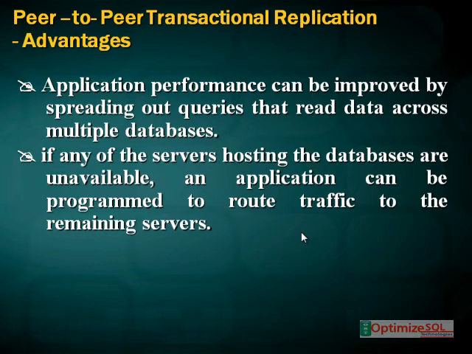Observe, if any of the servers hosting the databases are unavailable or failed, if any one node fails, these 3000 users can be redirected to another node temporarily. Automatic or manual? Automatic. In the application front end, that's why 3 connection strings are required.